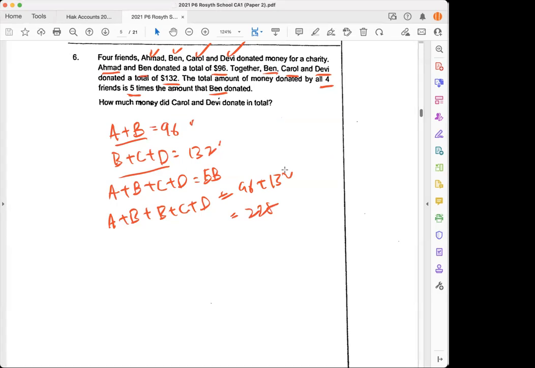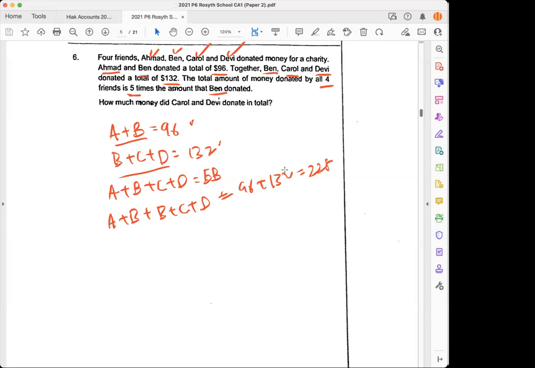But for the purpose of space, I'm going to write everything in one straight line. 228. Now you can see that 228 is equal to A plus B plus B, 2B plus C and D.